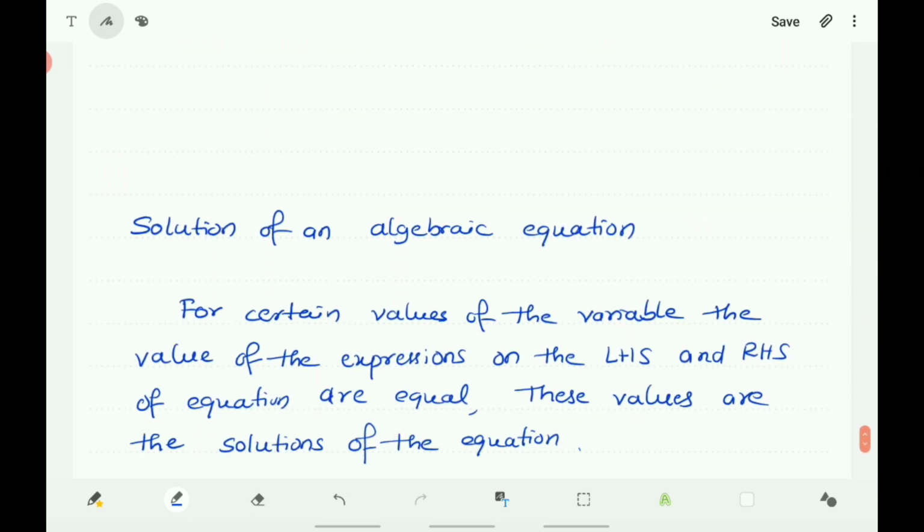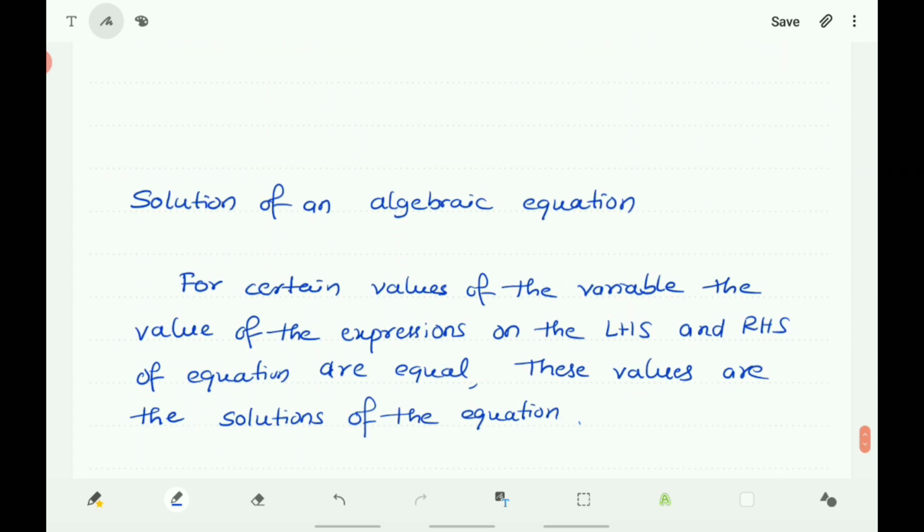And know that for certain values of the variable, the values of the expressions on the left hand side and right hand side of the equation become equal. These values are called the solutions of the equation.